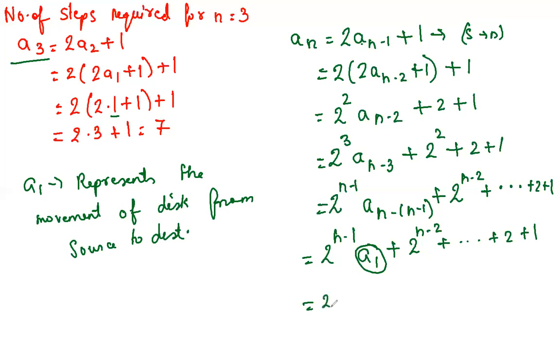So that is 1. So 2 to the power n minus 1 into 1 plus 2 to the power n minus 2 plus 2 plus 1. You can see it's a geometric progression, GP. If you solve this, you will be getting 2 to the power n minus 1.